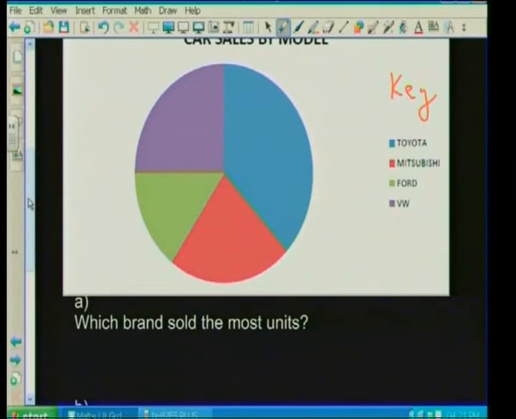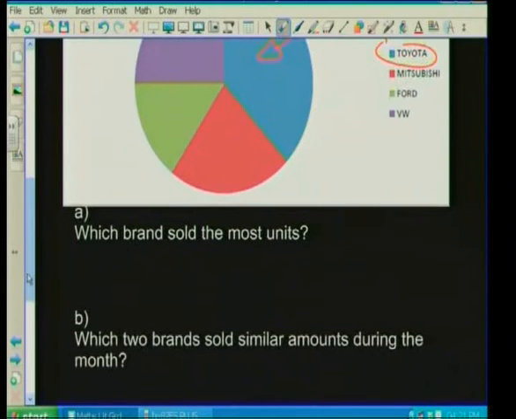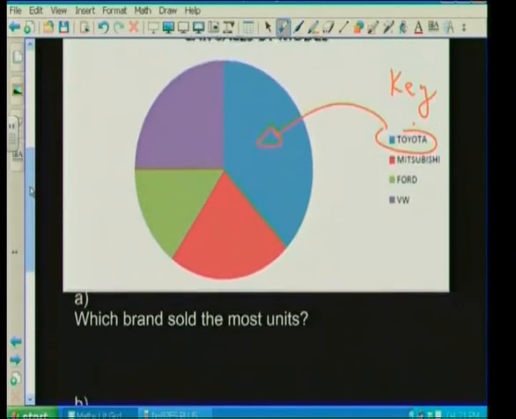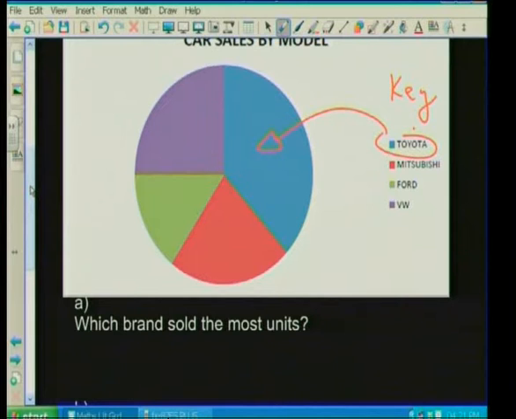Which brand sold the most units? Well, in this example, we can see it was Toyota. Why? Well, gee, look at all that blue color there. Next question. Which two brands sold similar amounts during the month? Well, let's have a look at it. Look at this red and look at this purple. They're pretty close, aren't they?